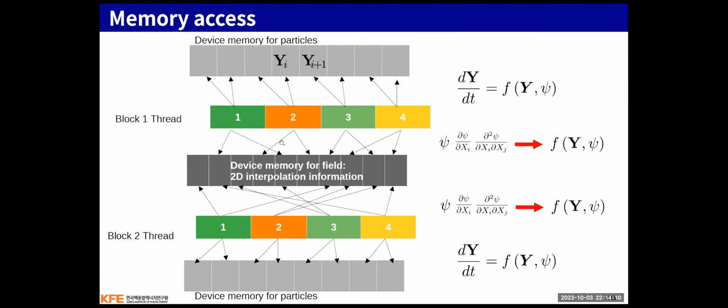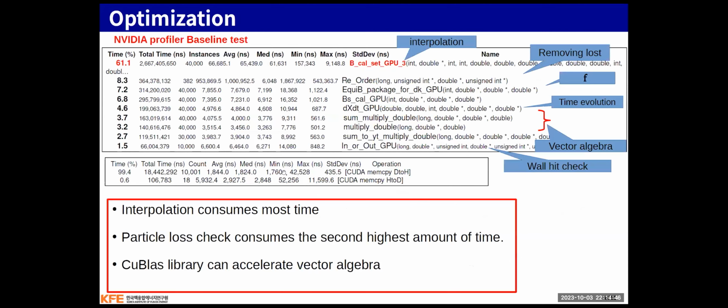But the information of interpolation to calculate the magnetic field and its derivative is not ordered, so this one is randomly accessed. This random access makes a time consuming procedure.